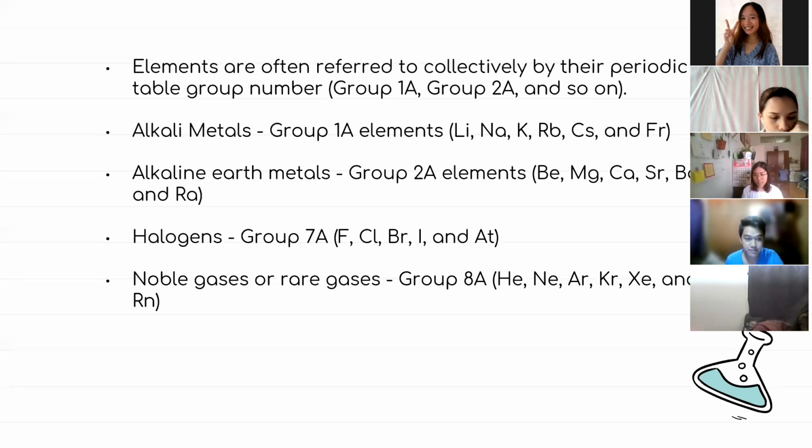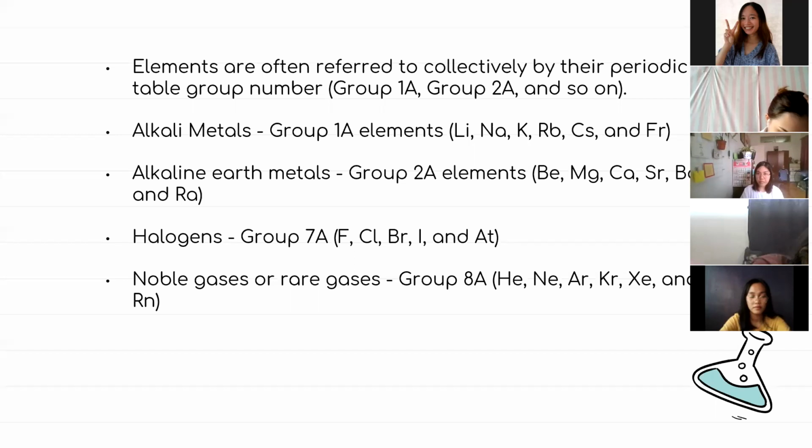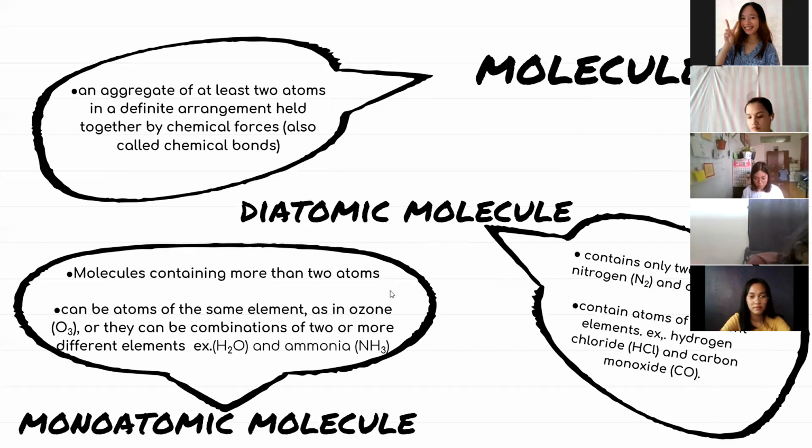So most likely they are being called by their group names. These are the representative elements. But the class from scandium onwards, we call them transition metals or transition elements. Okay? So let's define the following molecules.